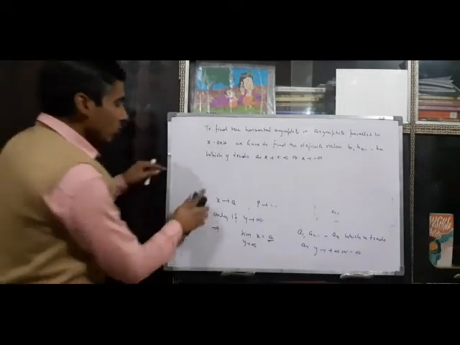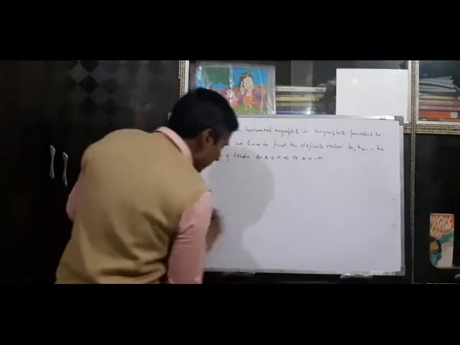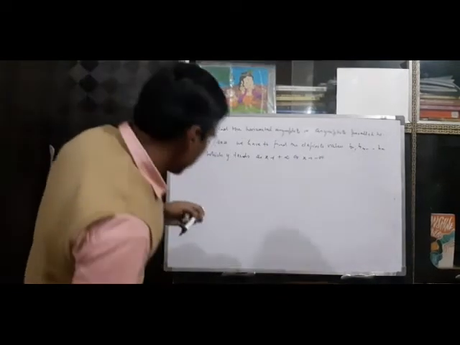So on the basis of this, now we define what is a horizontal asymptote mathematically and what is vertical asymptote.